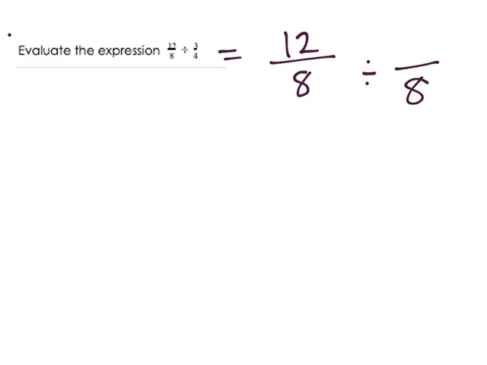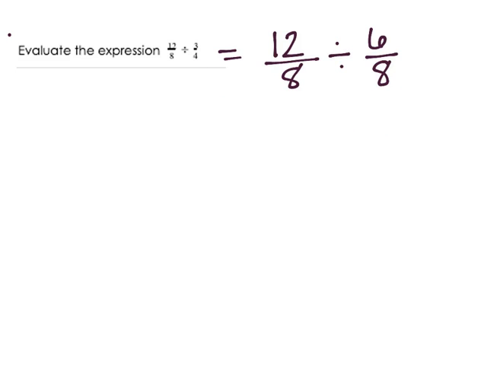If I'm going from 3/4 to a fraction out of 8ths, 4 times 2 gives me 8, so 3 times 2 gives me 6. So 3/4 is equivalent to 6/8. Now the division problem I'm looking at is 12/8 divided by 6/8.